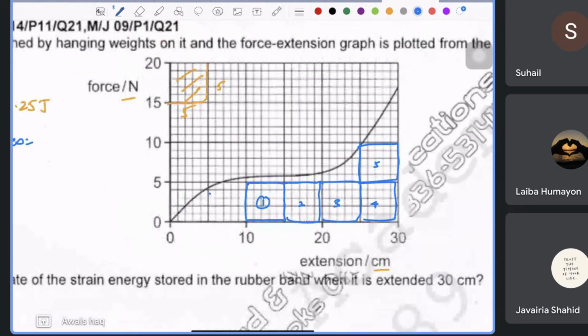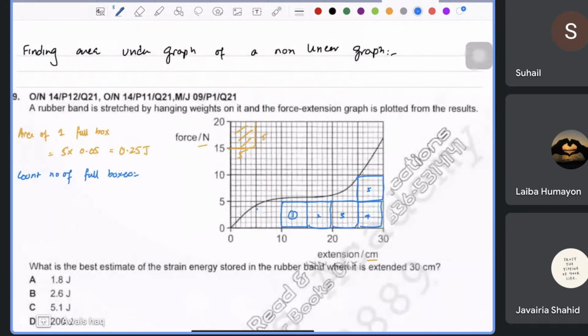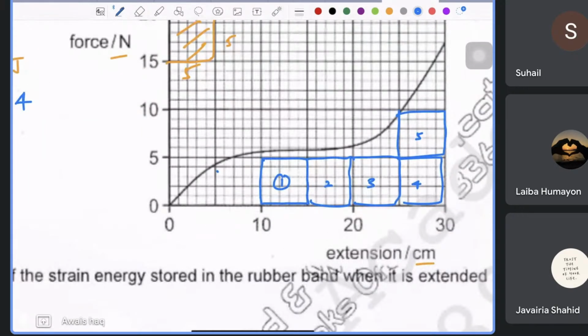Okay, so then I'm going to write that the full boxes are 4, and then I'm going to count the number of half boxes. Half boxes you just need to estimate like this. So this one is a half box, this is one, and I'm going to take this whole as half as well, and then I'm going to take this small box as 3.